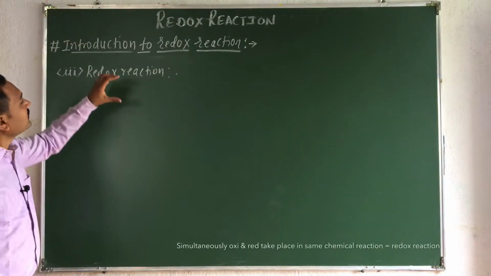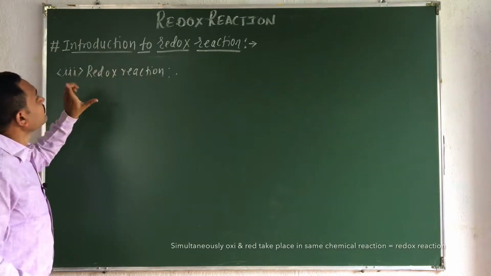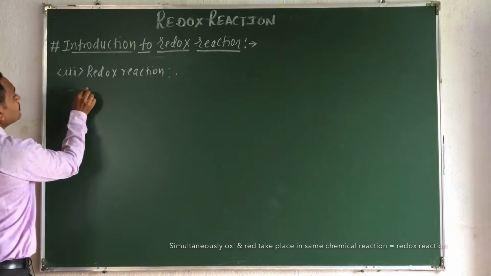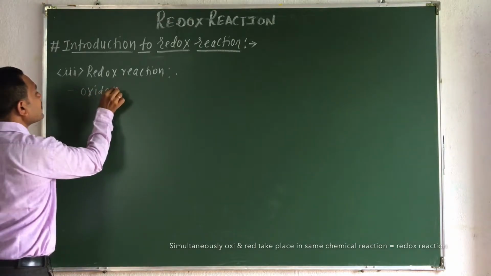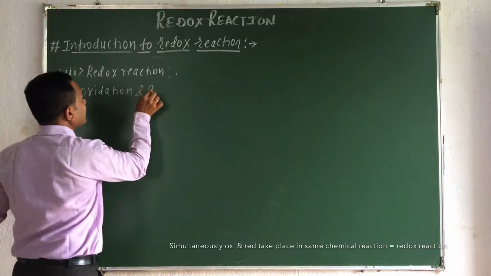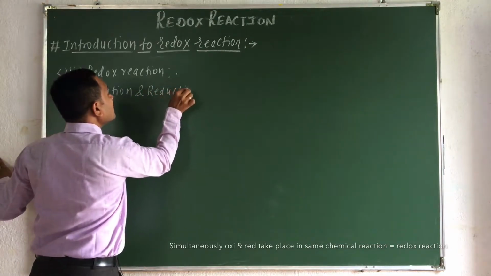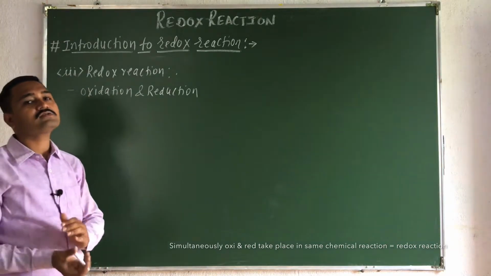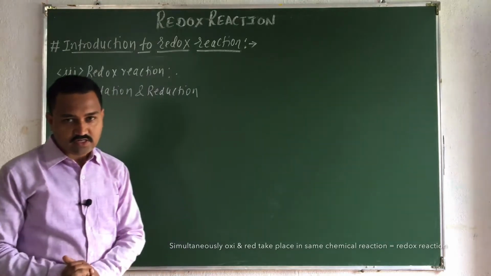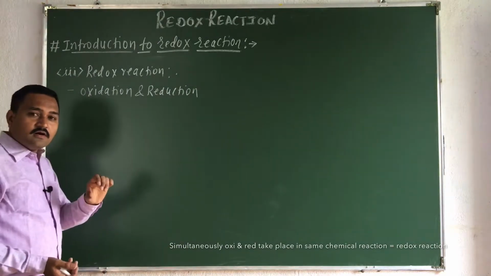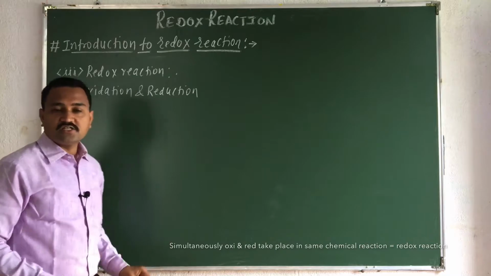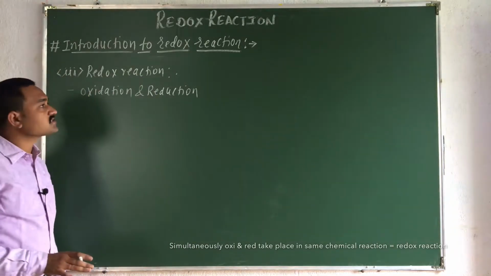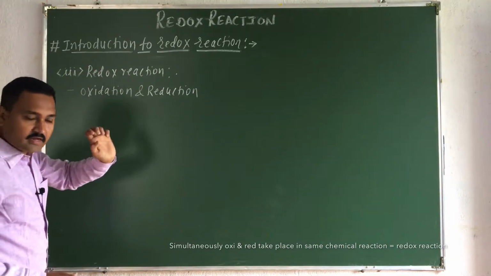Now the third type of inorganic chemical reaction is your redox reaction. Generally the redox reaction is nothing but an oxidation reaction and a reduction reaction. If I have to define the redox reaction, I define it thus: whenever an oxidation and a reduction reaction take place simultaneously within the same chemical reaction, that reaction is known as a redox reaction.